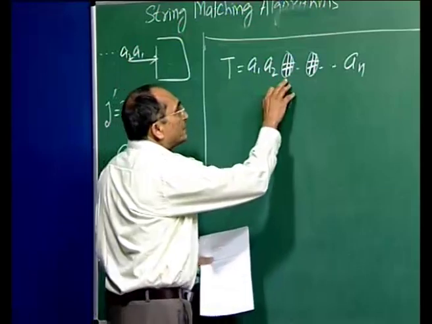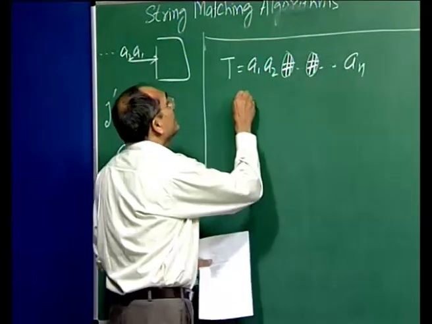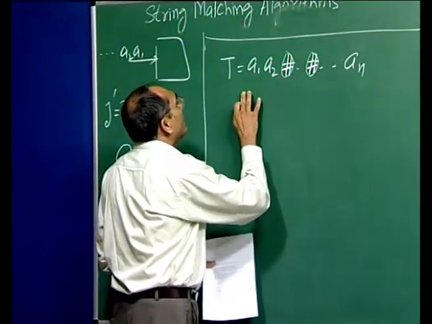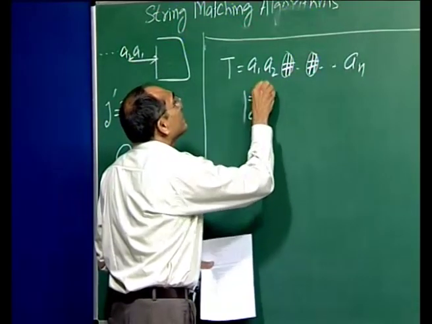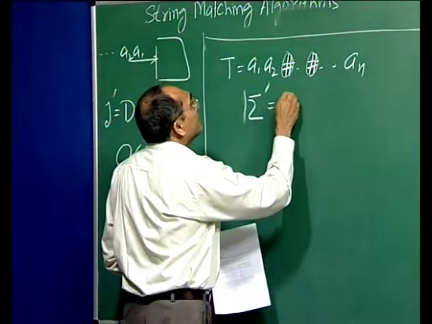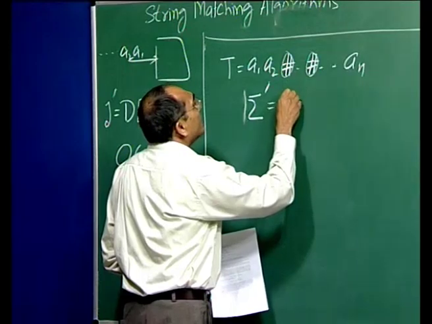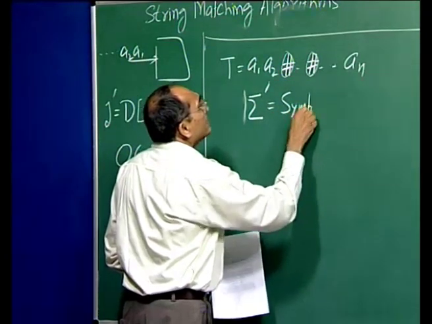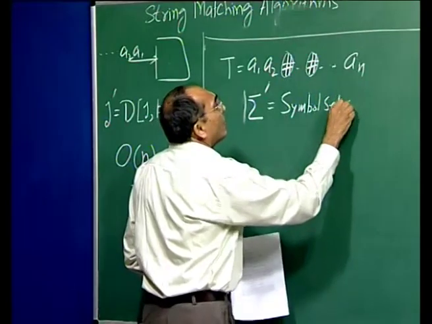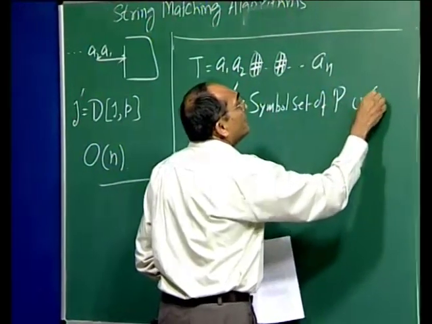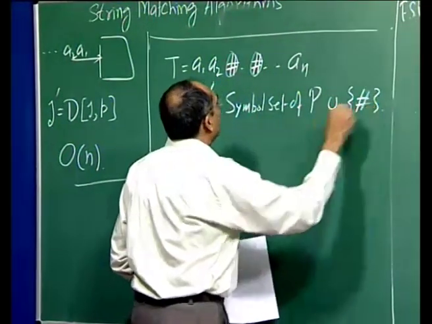The advantage of this substitution would be that the new set sigma would be the symbol set of p union a special symbol.